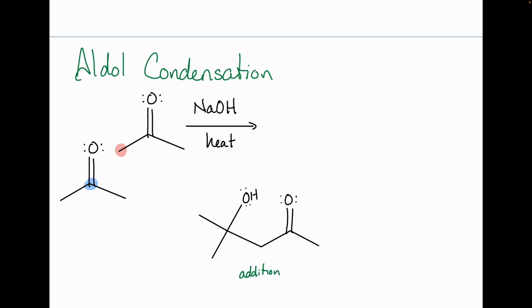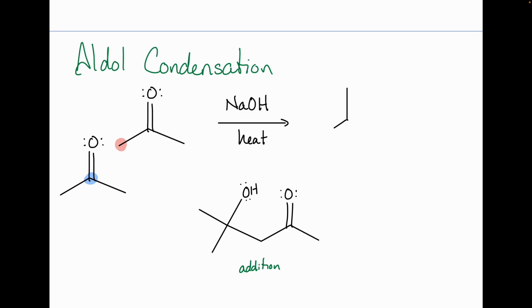But since there was heat in that reaction mixture as well, what's going to happen to my addition product? It's going to turn into a double bond. I'm going to have this dehydration reaction where now I get a conjugated double bond, or rather a pi bond that is conjugated to my original carbonyl group, right?